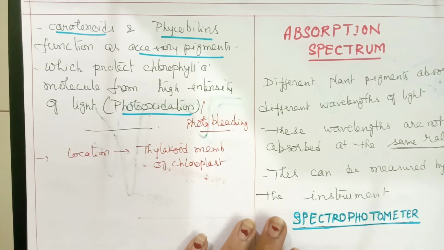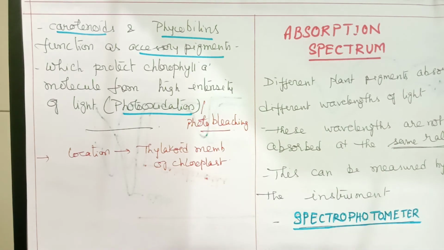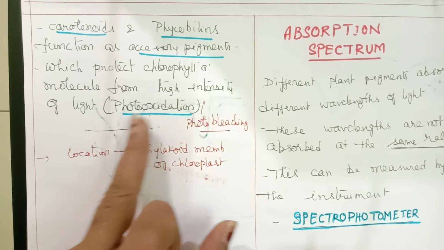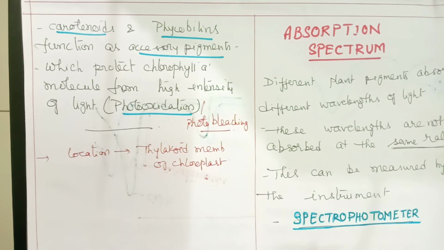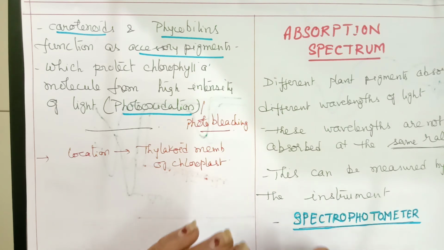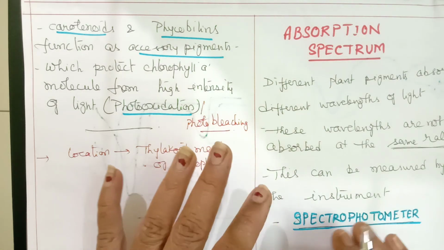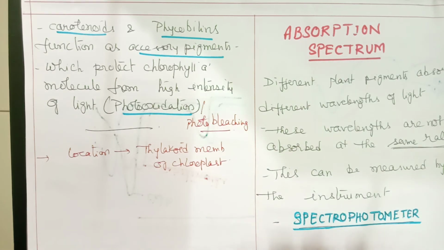The chloroplast structure you already know, you have studied it. So the thylakoid membrane mainly consists of these pigments, both chlorophyll pigments as well as carotenoid pigments. So with this, children, I stop this session here. In my next video, I'll be discussing what absorption and action spectrum are.